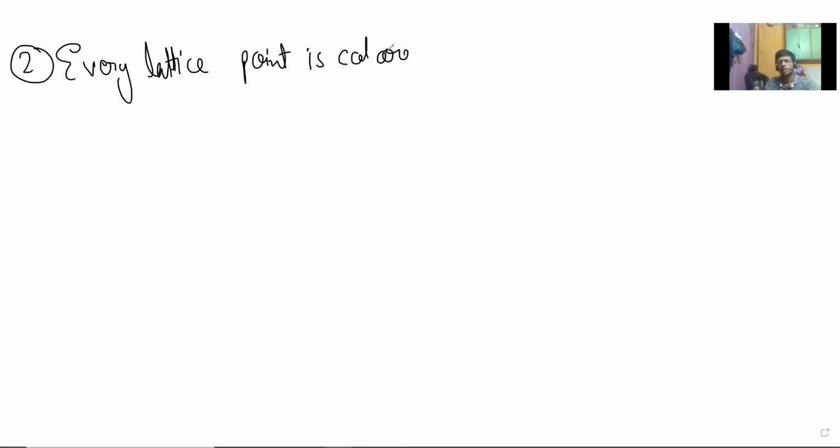Let me first write this. Every lattice point is colored either red or blue. This is a standard question again, but I'm giving an easier version first.